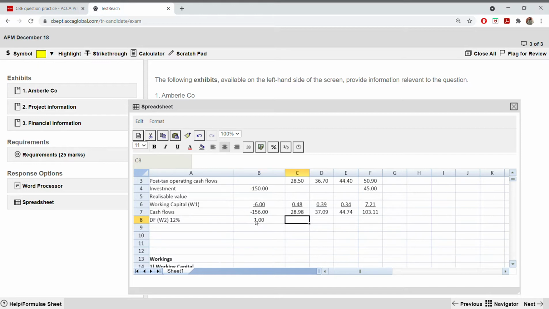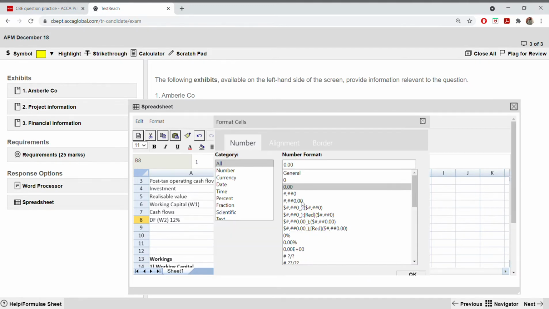You have to write 1.000. If you see here, it's showing you 2 decimal places because we have formatted to 2 decimal places. Now you need to format this into 3 decimal places, because when it comes to discount factor. So format cells, how are you going to take it to 3 decimal places?